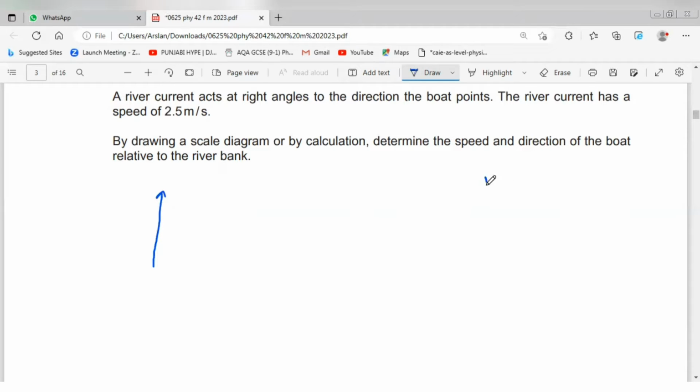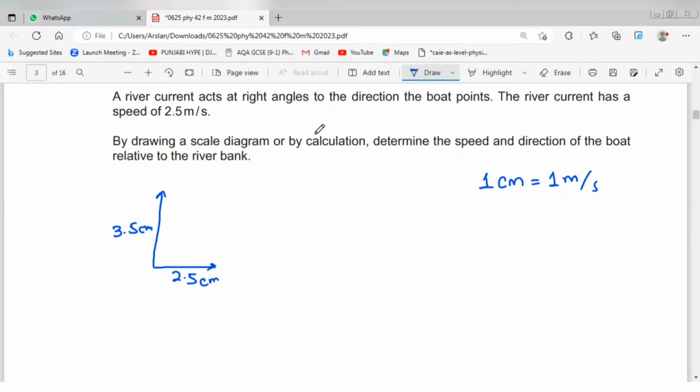Let's make a scale which is 1 centimeter equal to 1 meter per second. So 3.5 meter per second will be equal to 3.5 centimeter. Make this line by using the scale, and a perpendicular line which is equal to 2.5. So 2.5 meter per second means 2.5 centimeter.